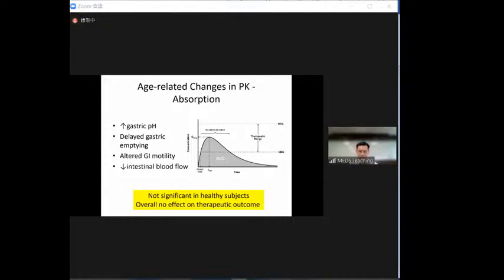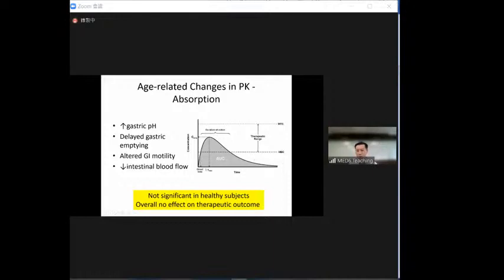But overall, the gut is so long that the absorption of medications would not be affected, as well as the therapeutic response. However, there would be delay in the peak concentration and the time, Tmax and Cmax. The curve will be expected to be longer and flatter.